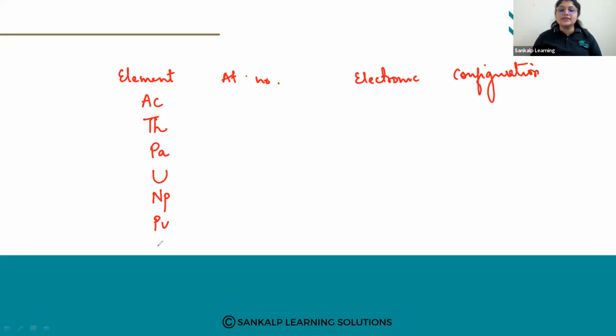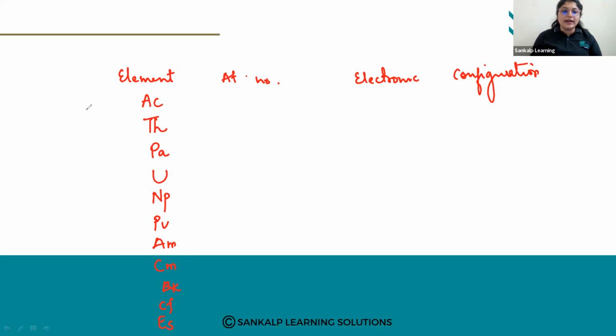Then americium, Am. Then curium, Cm. Then berkelium, Bk. Then californium, Cf. Then einsteinium, Es.